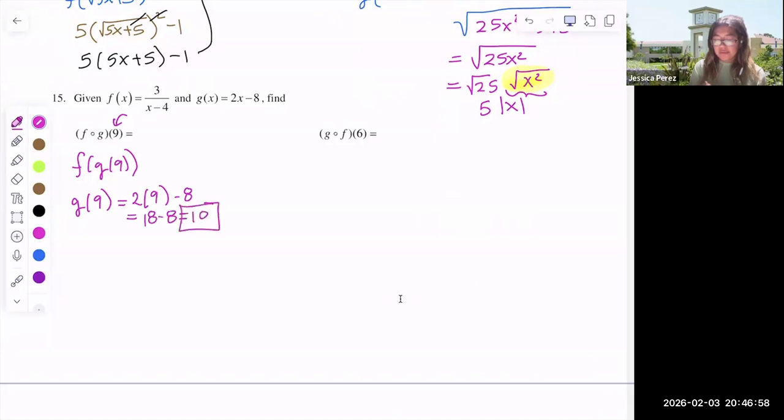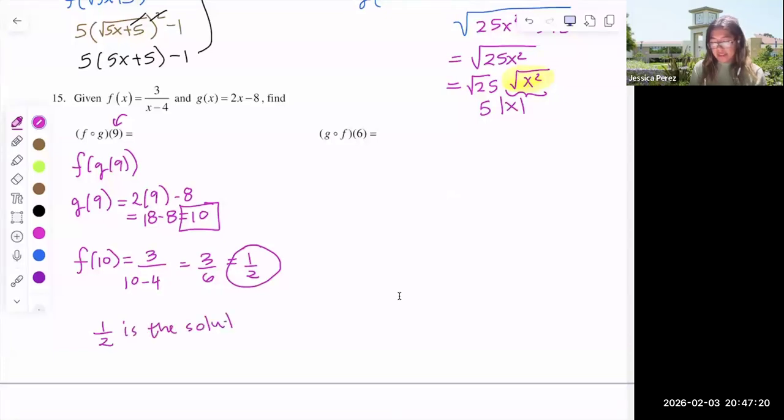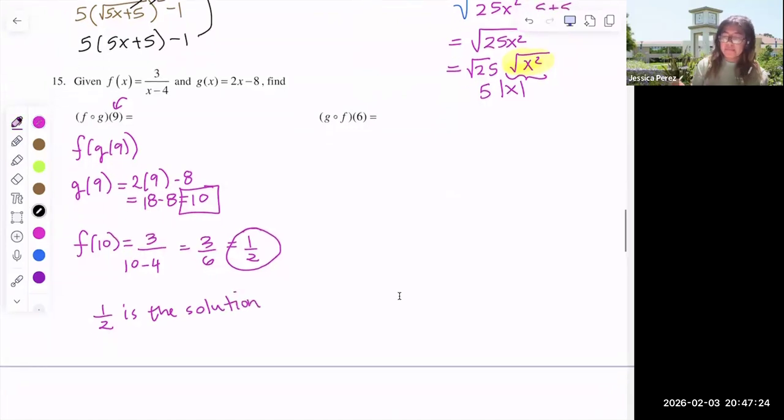That means you're going to have to use this number and plug it into f of 10. So you're going to have to do double work. So f of 10 is 3 over 10 minus 4, which is 3 over 6, or 1/2. And that's my final answer. 1/2 is the solution, but you needed to find g of 9 first to get to a half.